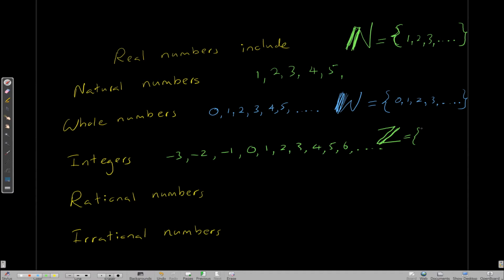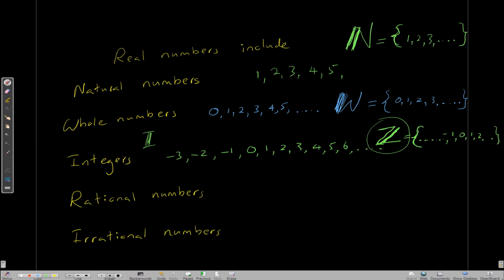So how do we write this inside curly parentheses? Now we have a problem. Unlike in previous cases, there is no starting point. So you have to put some dots because it's coming from negative infinity. And negative 1, 0, 1, 2, and so on. You can do it like that. Now certain books use the letter I for integers, but I like to use Z because I believe that's more standard.